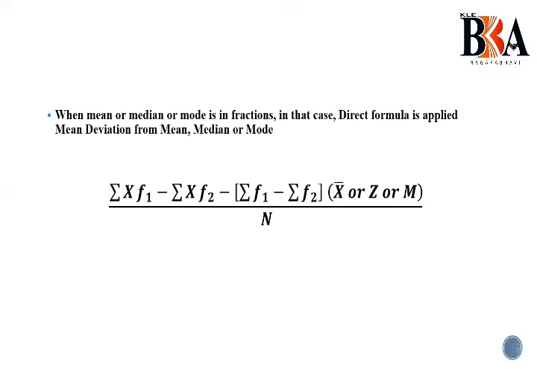The formula is sigma x f1 minus sigma x f2 minus, in brackets, sigma f1 minus sigma f2, close bracket, times the mean, median, or mode, which are the values taken by us, divided by n. So this is the main thing.